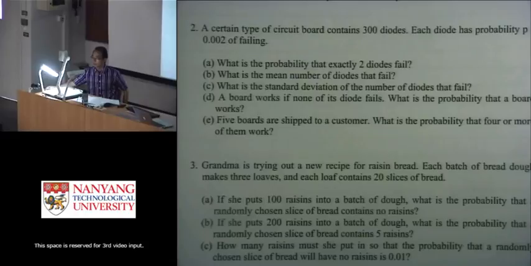So for question 2, we can see we have 3 diodes, and each diode has a probability p equals 0.002 of failing. The first one asks what's the probability that exactly 2 diodes fail.